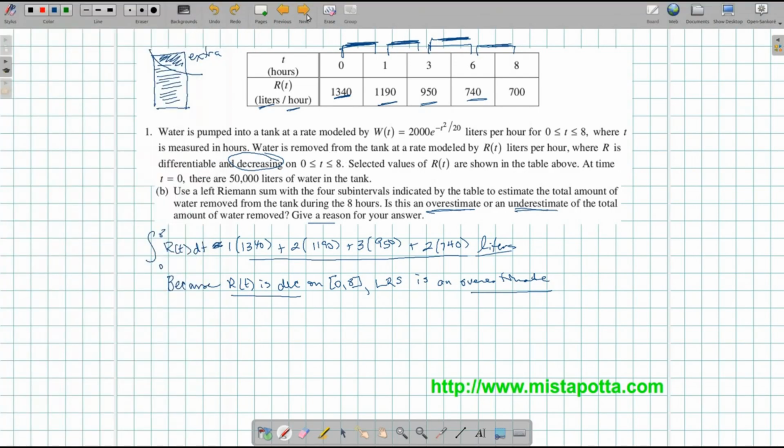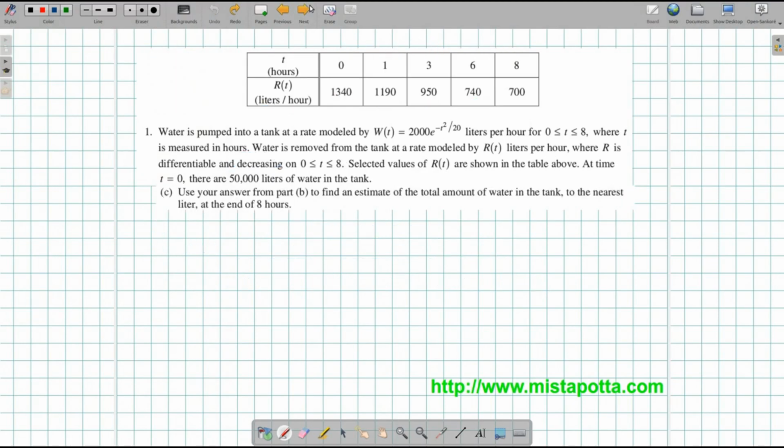So going on to the next part, it says use the answer for part B to find an estimate of the total amount of water in the tank to the nearest liter at the end of 8 hours. Keep in mind that the total water is going to equal the total amount in minus the total amount out. So looking at this, I'm going to have to do the integral from 0 to 8 of the function they give us, w of t dt, minus the total amount out, which we just calculated to be 8050 liters.